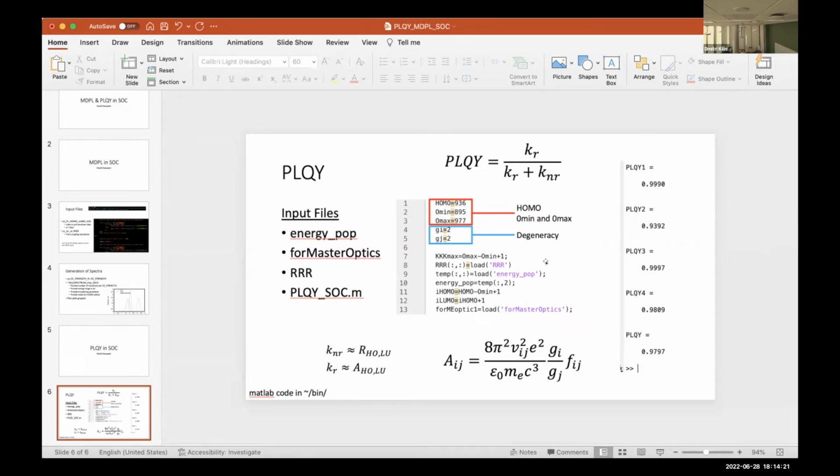If one needs to compute photoluminescence not by MDPL but by the graphical approach, are there any changes to the code, or do you just modify the input parameters and use the same code? What do you mean? If you just need the photoluminescence, which you are not showing in this talk. Oh, like the blue figures? Yes.